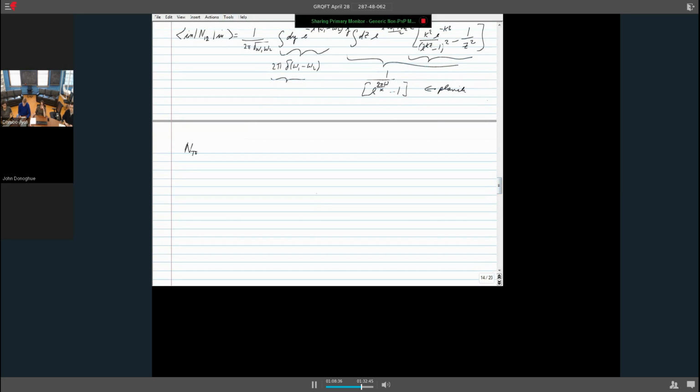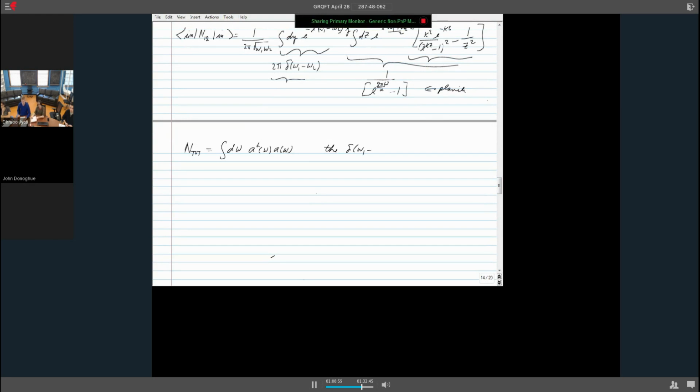The y integral in this thing just gives me a delta function of omega 1 minus omega 2. The z integral is some integral that you do by contour integration.